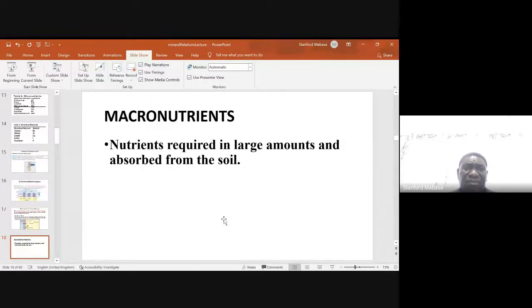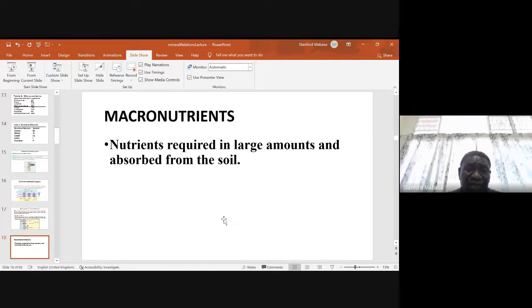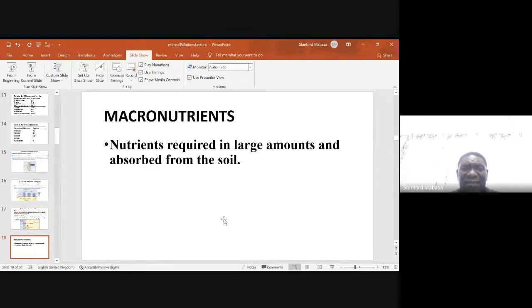So we now want to move on to the macronutrients themselves. We now have an idea of how they can actually be transferred from the soil into the roots of the plants. Things like diffusion, mass flow, use of the carrier-aided transfers, special cation diffusion, so things like that, which can actually mobilize nutrients so that they are transferred into the plant.